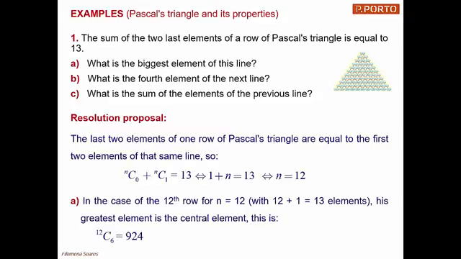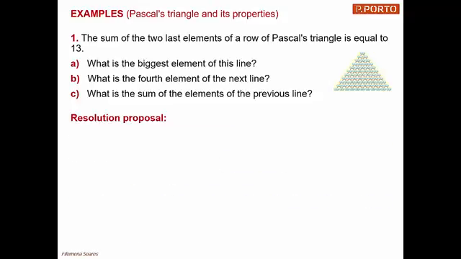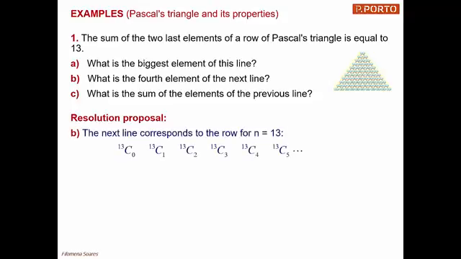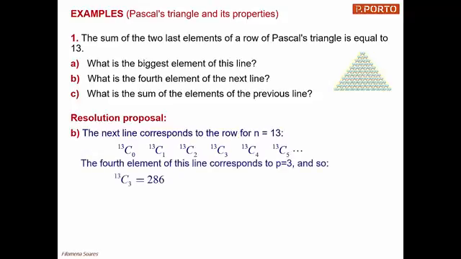Getting to the second question in this example: what is the fourth element of the next line? If we are in the 12th, the next is the 13th, and the fourth element is easy to get, that is p equals 3 in every row, and in this case combinations of 13 chosen 3 at a time, and we have 286.